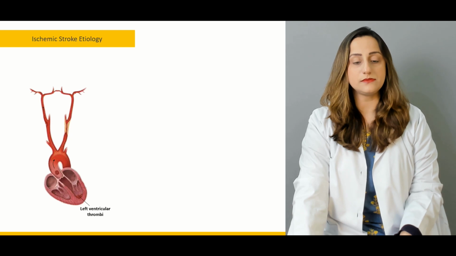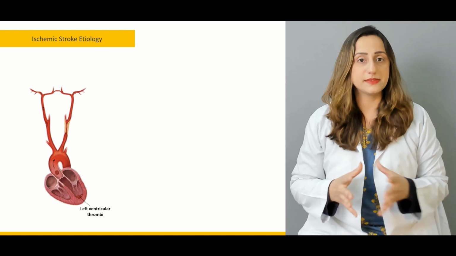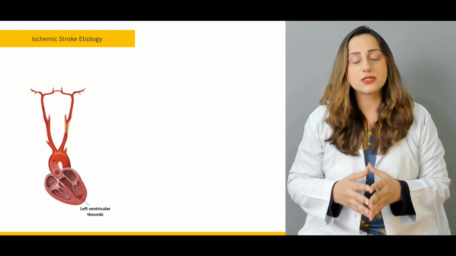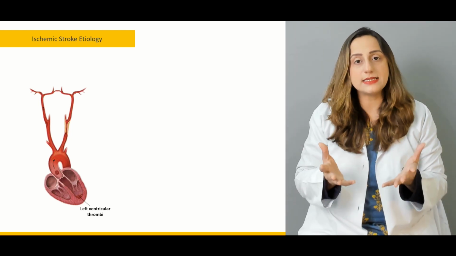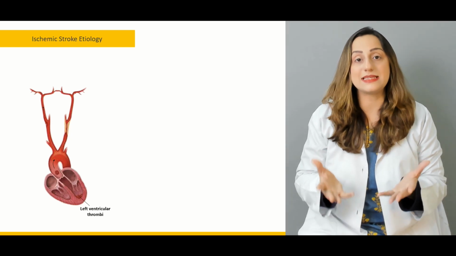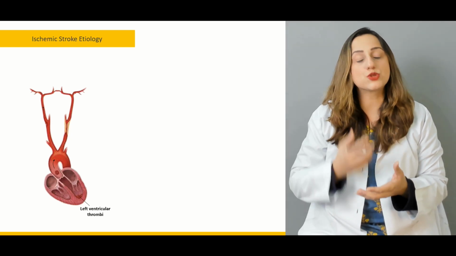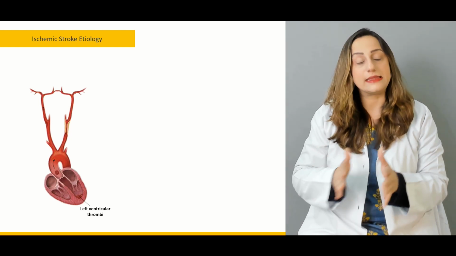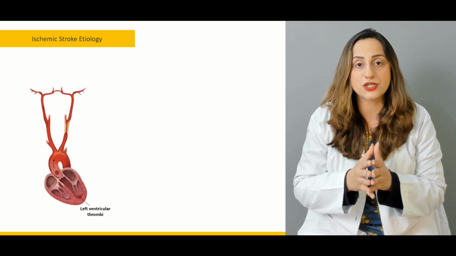Sometimes it is the left ventricular thrombi. It can be the valvular diseases, or a rheumatic disease of the heart that leads to the thrombus dislocation from this site, and then it travels to the cerebral vasculature.